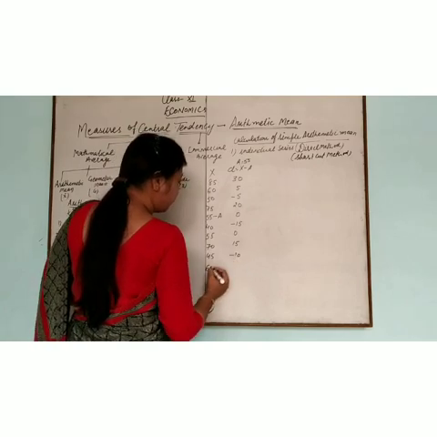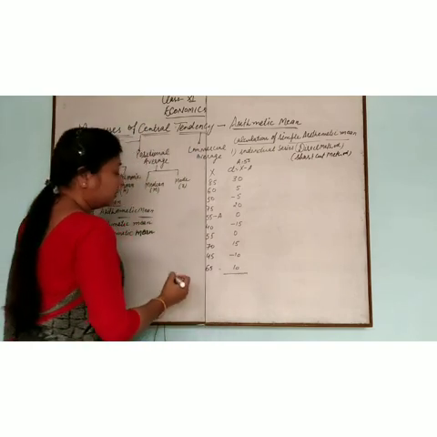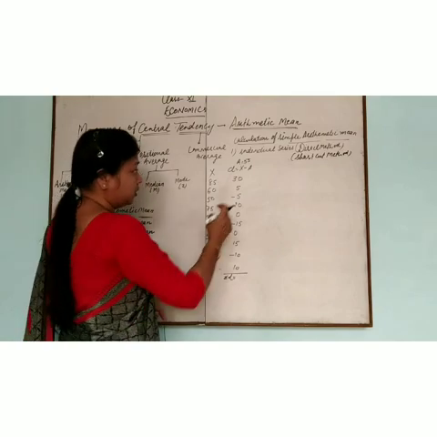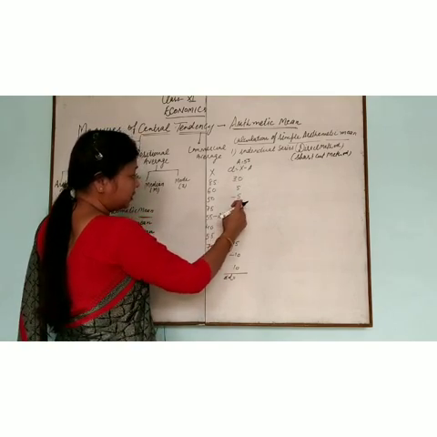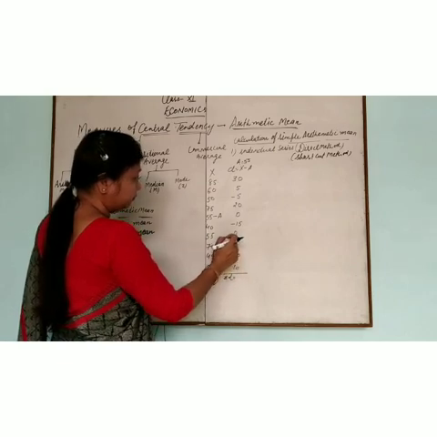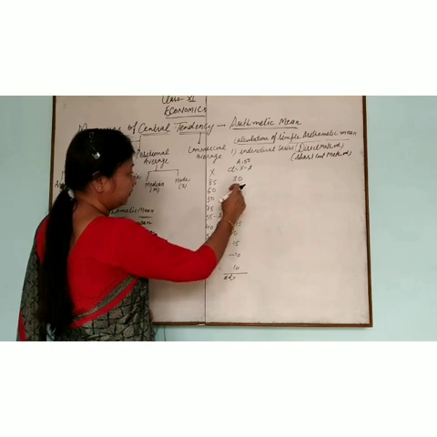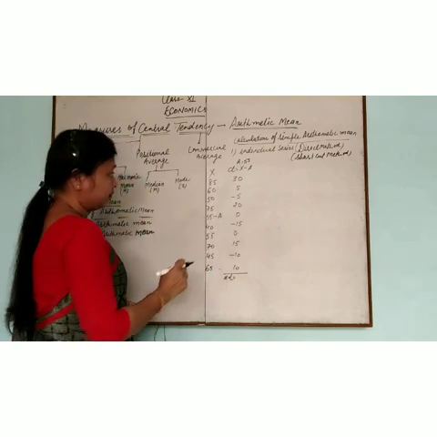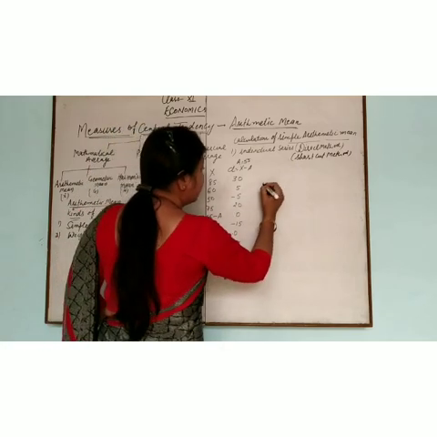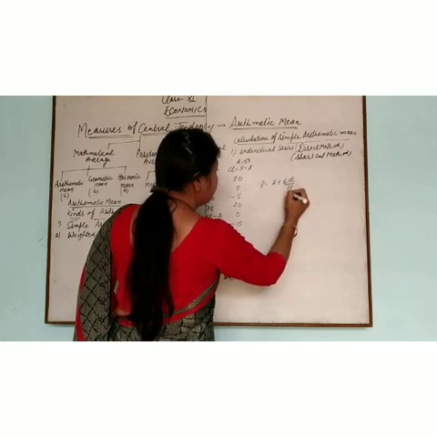minus 10, plus 2. Now, the summation of d is equal to 50. The formula of x bar is equal to A plus summation d upon n.